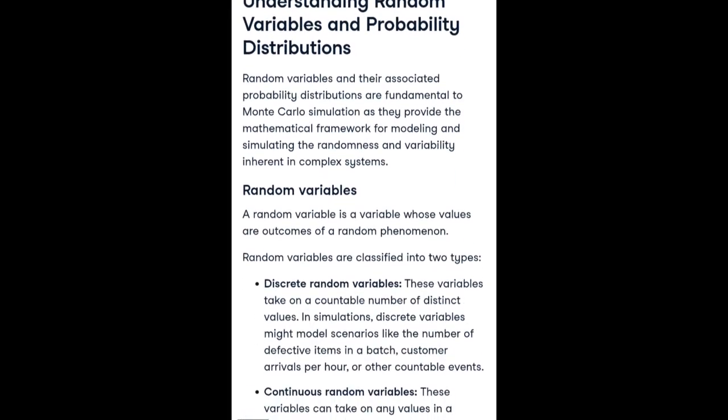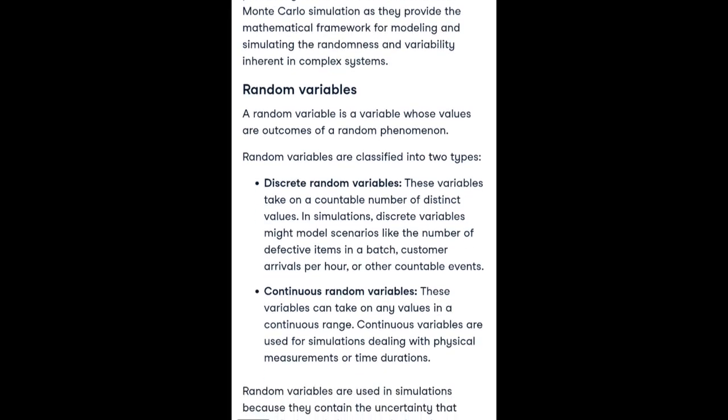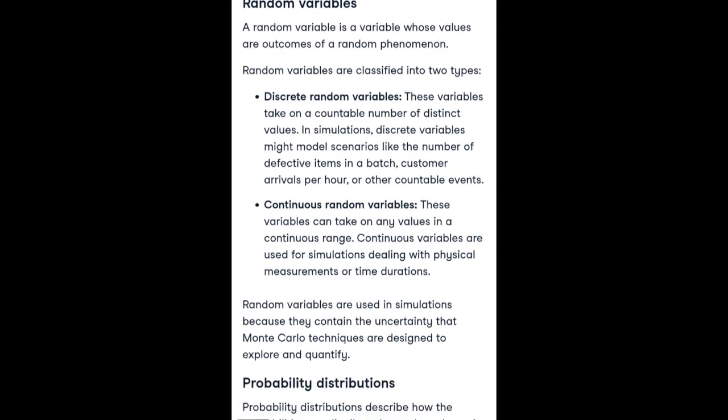In previous units I already talked about random variables. What is a random variable? It is a variable whose value we can select randomly. These are of two types: discrete random variable and continuous random variable. A discrete random variable takes discrete values, with no continuous intervals in between the values.